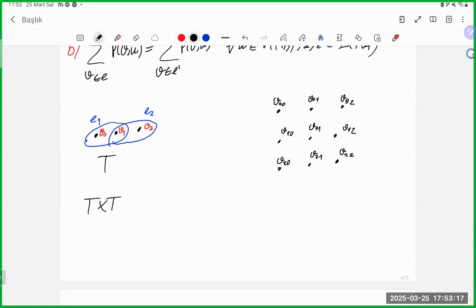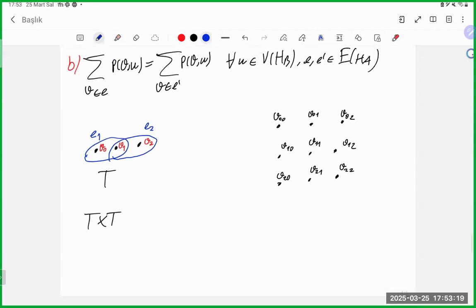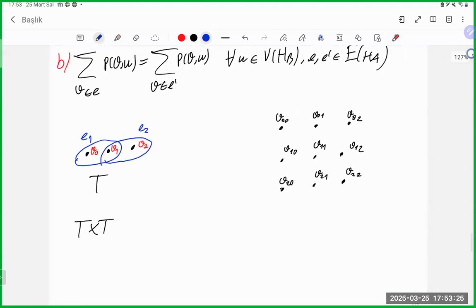Yes, so those are the set of the Cartesian product of vertices. If we take the Cartesian product of the edges, for example, E1 with E1, the Cartesian product of the elements of E1 cross E1 are those vertices.